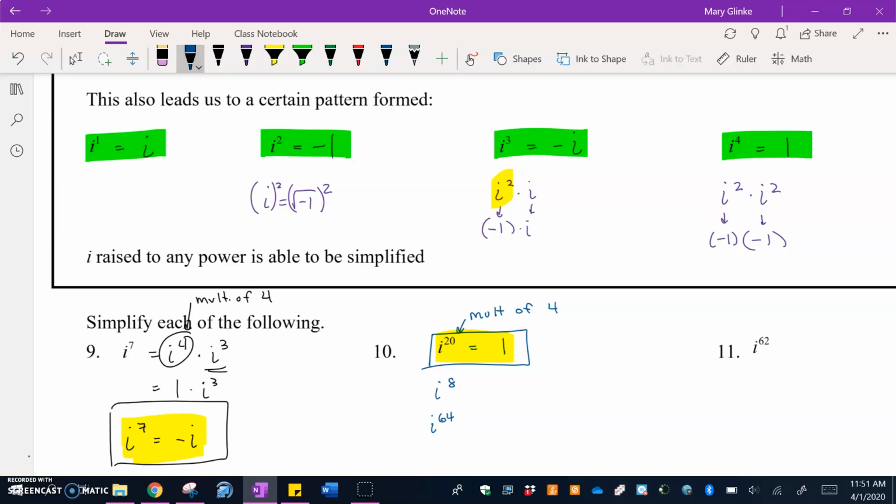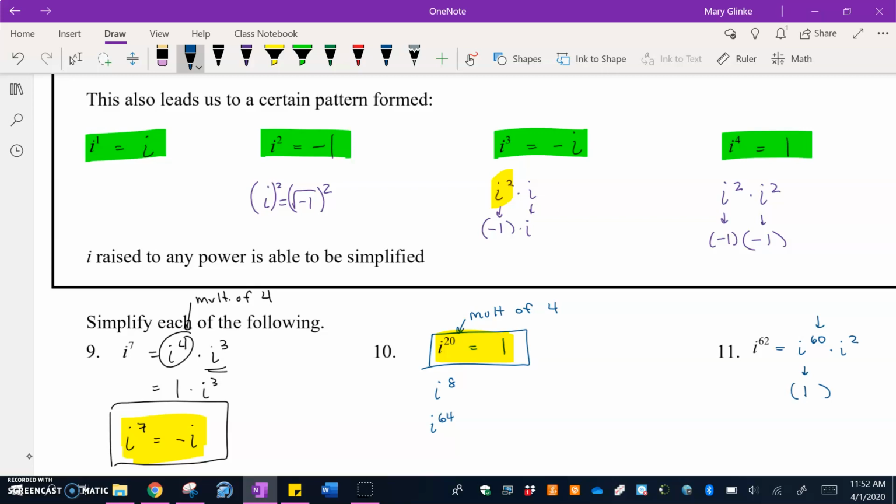Now, let's take a look at number 11 to see what I mean with that. Looking at i to the 62, 62 is not a multiple of 4. The highest multiple of 4 closest to that is 60. So I know i to the 60th is going to simplify to 1 because it's a multiple of 4. 62 is 60 and then 2 extras.